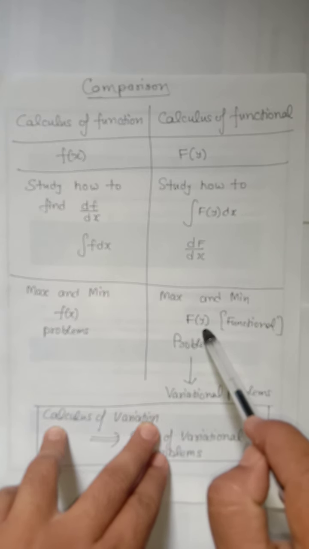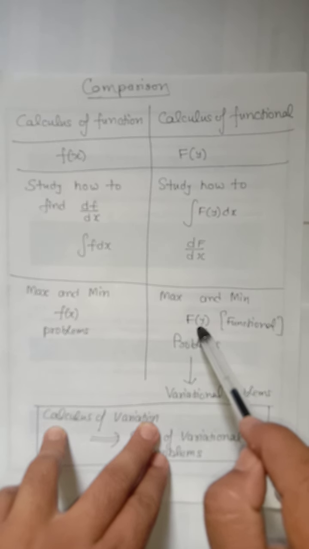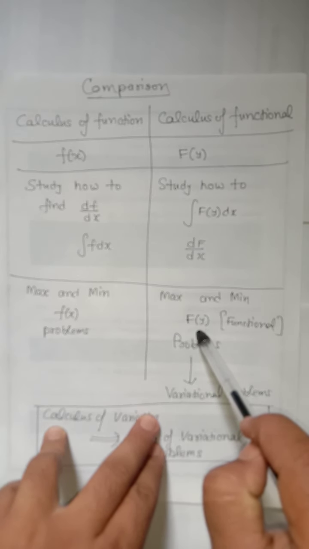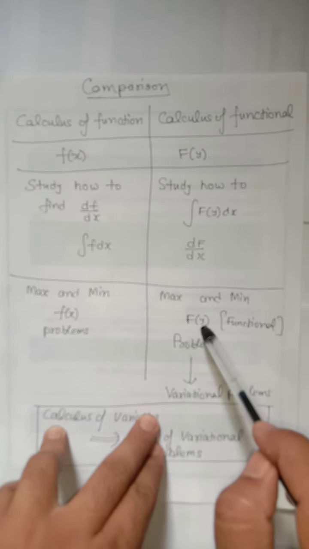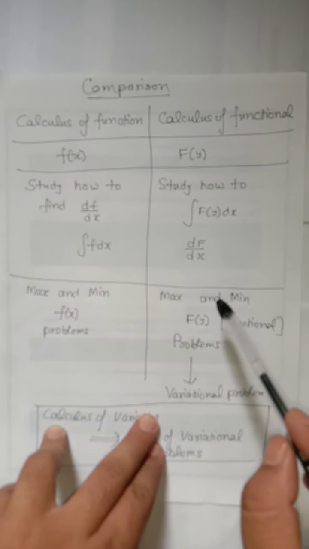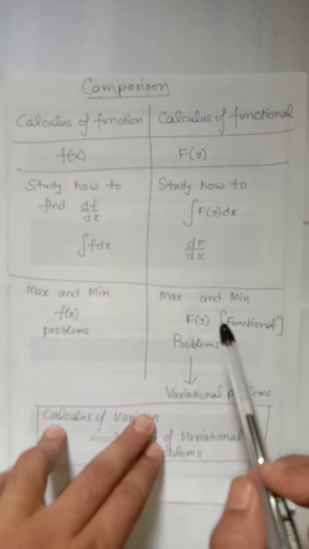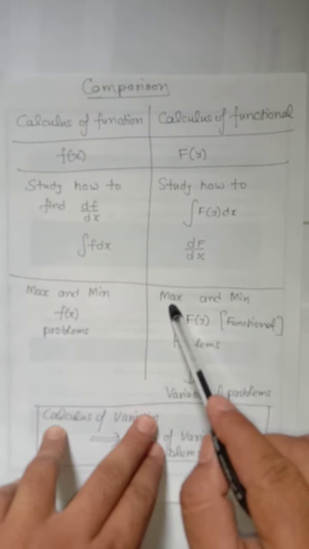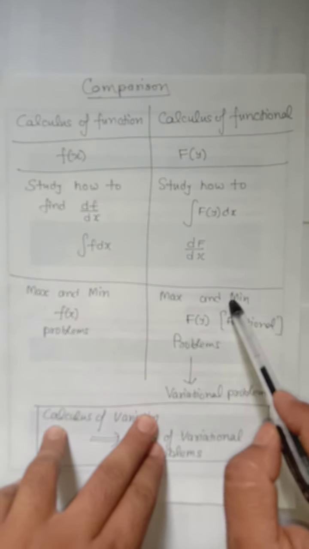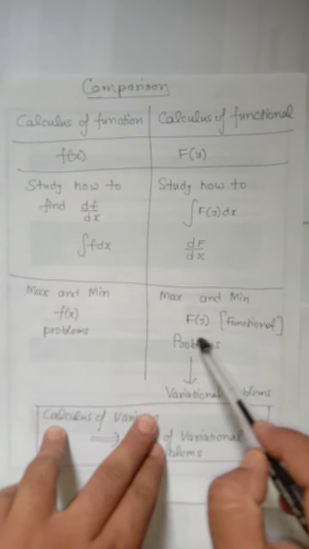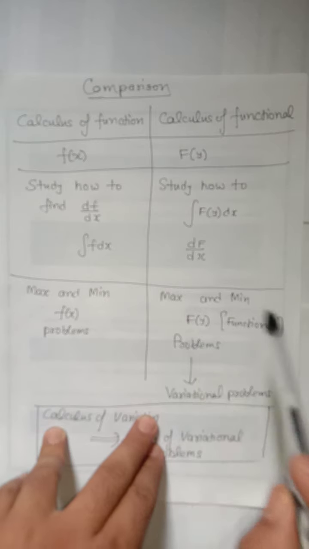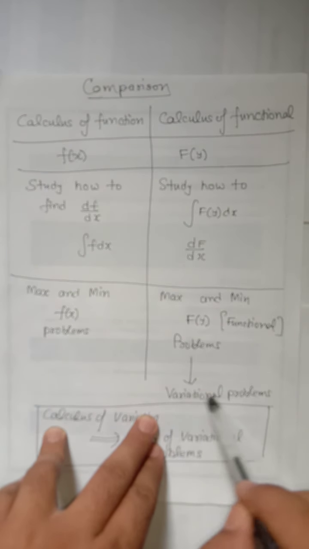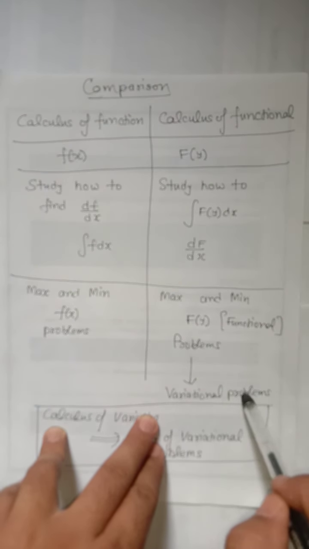What are we doing in problem 1? We are trying to minimize f(y). What are we doing in the second problem? We are trying to minimize T(y). So in calculus of functionals, we are trying to maximize or minimize the functional. These special types of problems are known as variational problems.